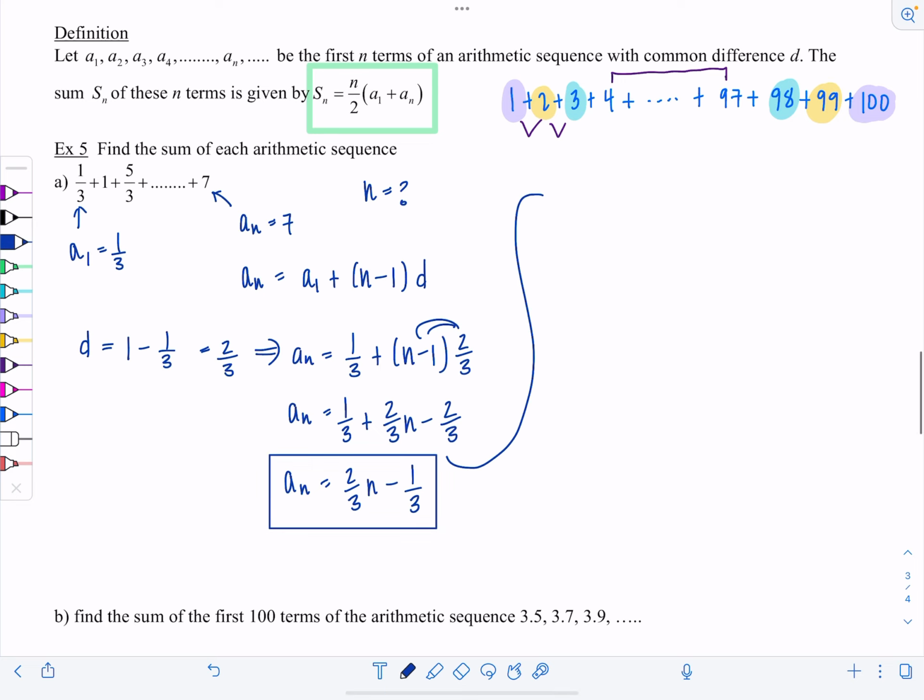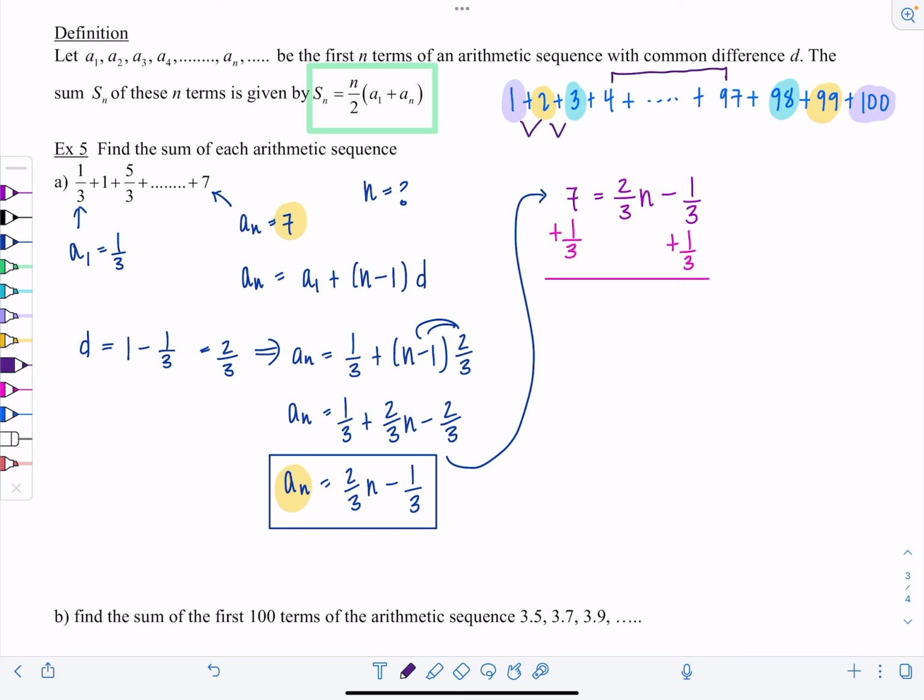So let's figure out what term that is. I'm going to replace an here with 7. So 7 is equal to 2/3 times n minus 1/3. I'm going to add 1/3 to both sides. If I get a common denominator, 7 is 21/3.